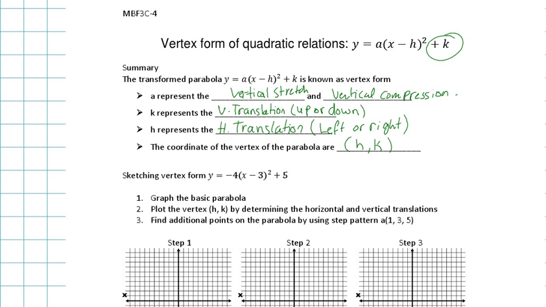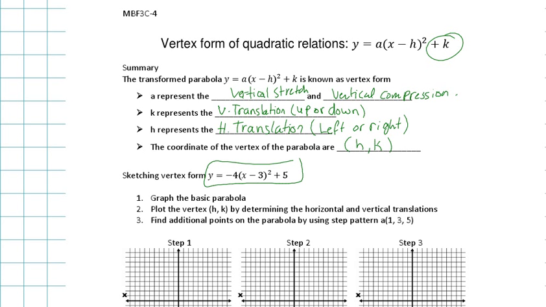So, looking at this, y equals negative 4(x minus 3) squared plus 5. How can you graph this? Where do you start? From the vertex. And what is your vertex? Oh, sorry. Positive 3 and positive 5. That's right. So to graph, you're going to plug in the vertex, which is h and k, by determining the horizontal and vertical translation.